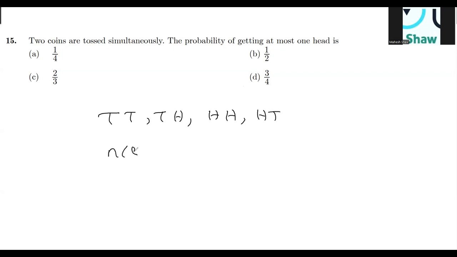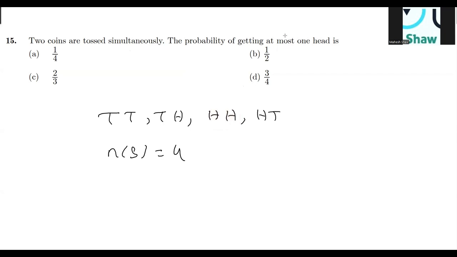So we say that the number of sample points is 4: 1, 2, 3, 4. And now this is all possible outcomes, right? And we have to figure out the favorable outcomes. Out of this, the favorable outcome will be what? They're talking about at most one head.